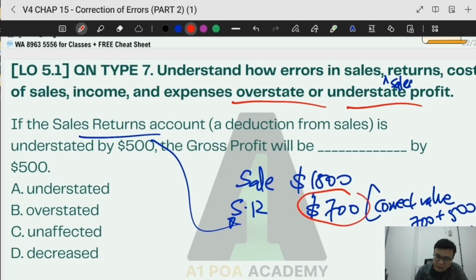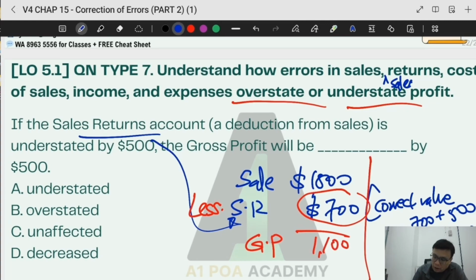as part of the presentation, you have sales and you need to less sales return, so you less. So your GP in this instance over here is 1800 minus 700, that will give you 1100. But on the other hand, if you less of the right values, you have 1800, you less off 1200, you will get 600 over here.